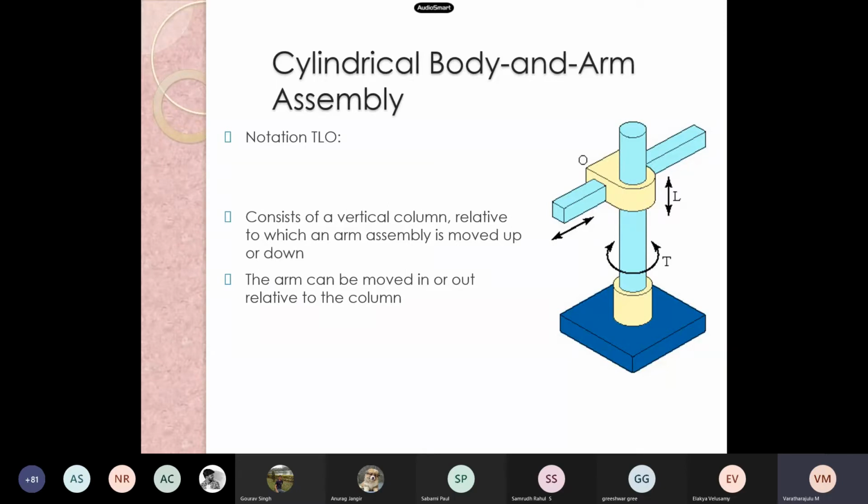Therefore it is said to be T. There is also an up and down motion possible in the vertical column. We need to term it as L, and here there is also a possibility of movement in and out.